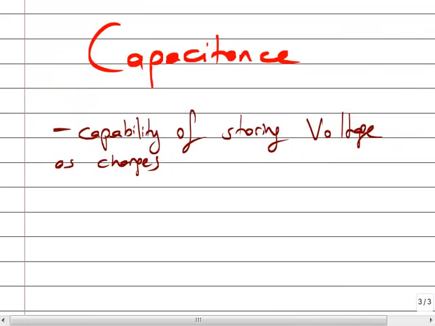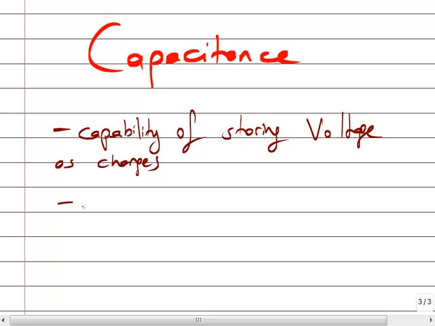So if in the circuit there is a capacitance associated with some point, you cannot change the voltage of that point instantly. Capacitance is the capability of storing voltage as charges.